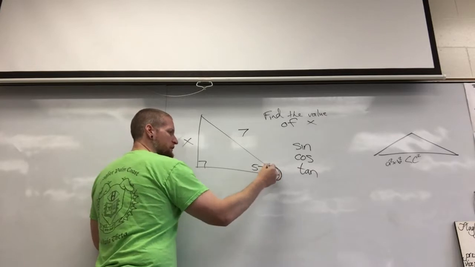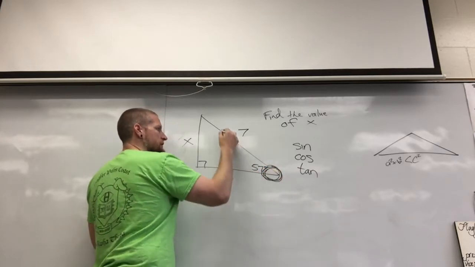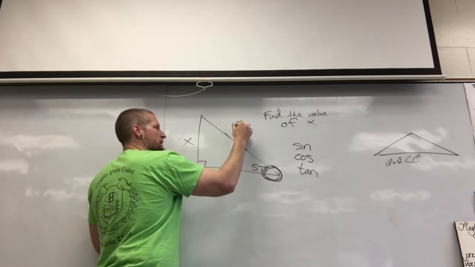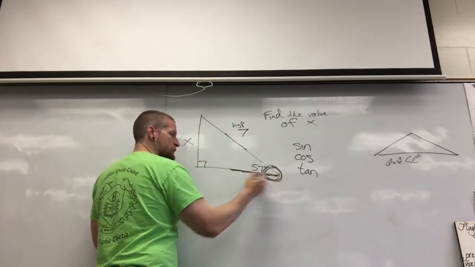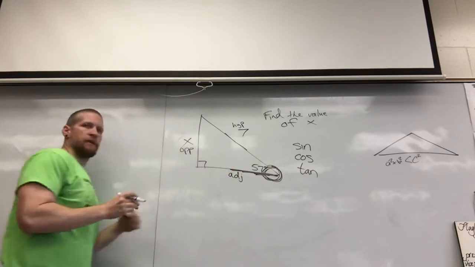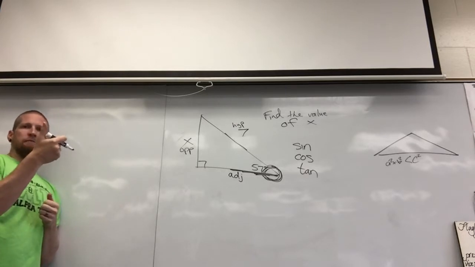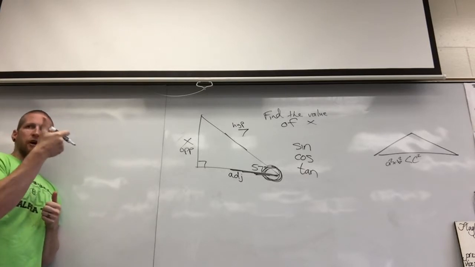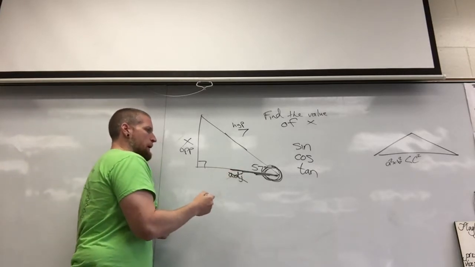So here's my angle. I said, once you know which angle it is, label the sides. This is the longest side, so that's my hypotenuse. This is the side that's actually coming in contact with that angle, so it's the adjacent one. This is opposite. Now I can throw out the adjacent side because there's nothing labeled on it variable-wise or number-wise, so I don't even care about that.